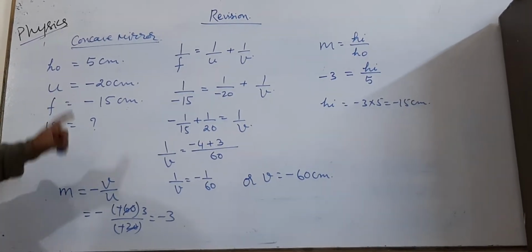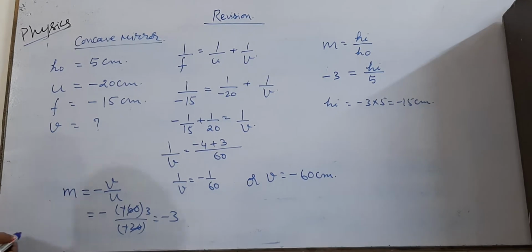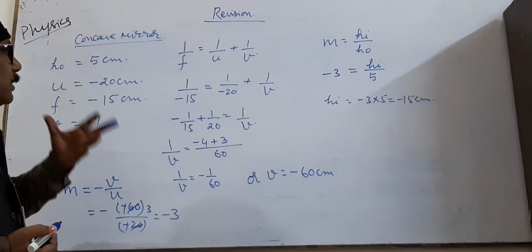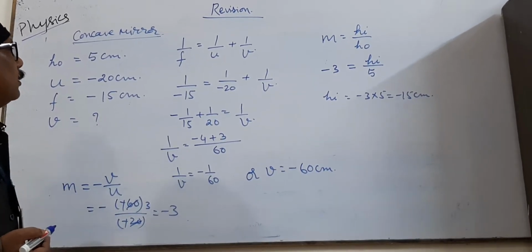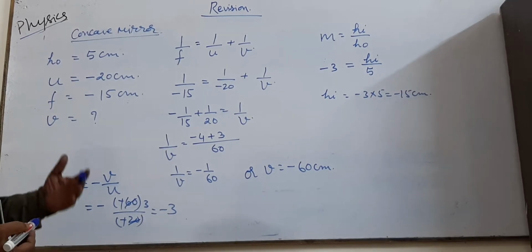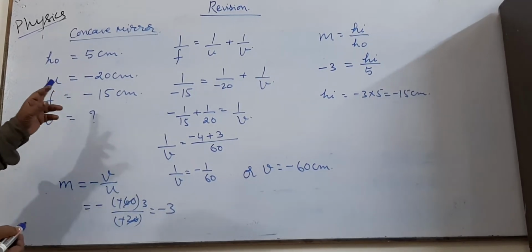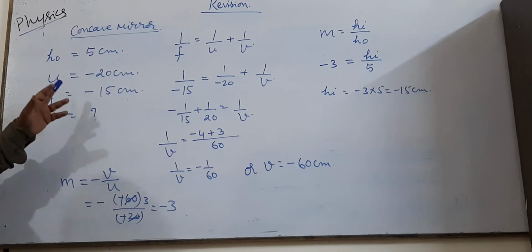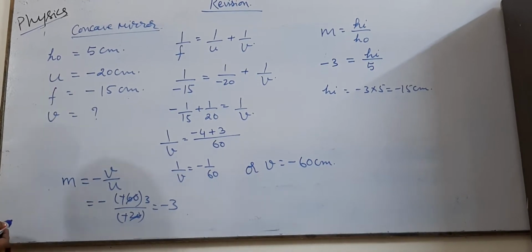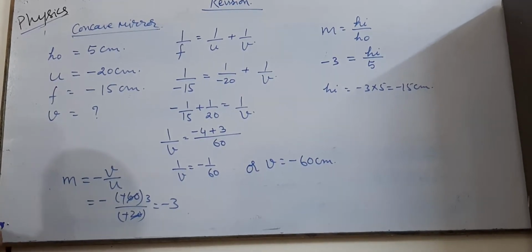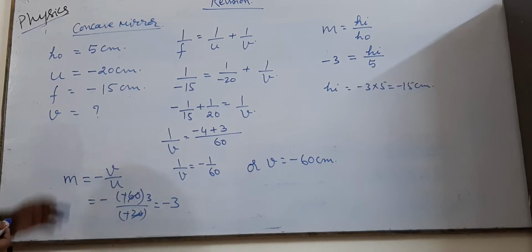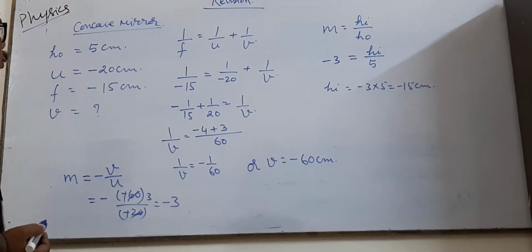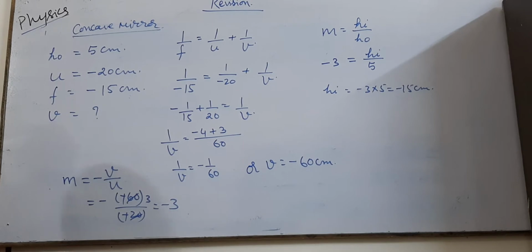So you can use the relation of the 6 cases which you have studied in the class, that where the image is formed when the object is placed between C and F. Now for drawing the ray diagram, you have to choose a proper scale also.